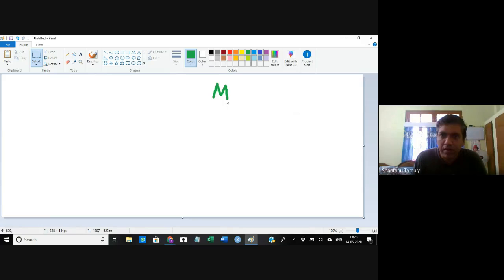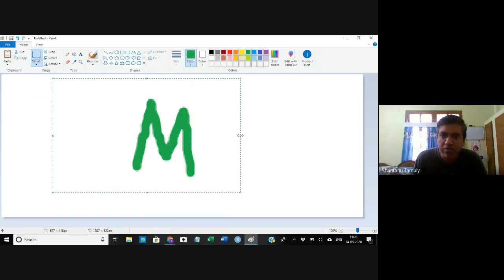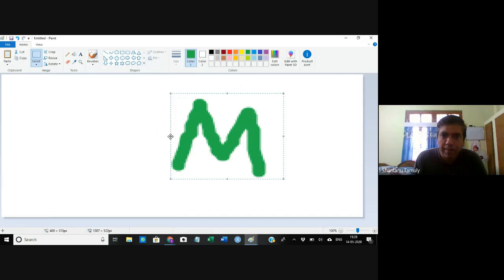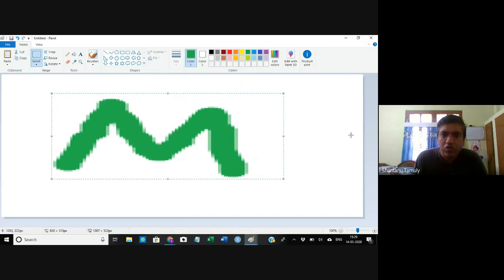Because in this particular protein, the hydrophobic amino acids are exposed outside. Let us assume this portion has the hydrophobic amino acids. So what will happen?